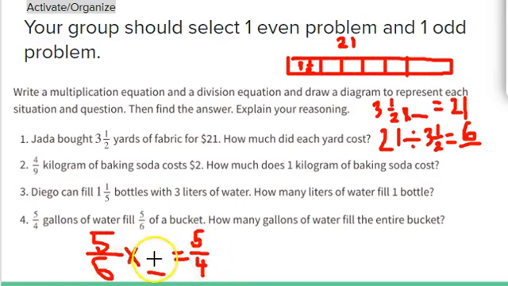Okay, so if we want to find out this, we're going to take that 5/4 gallon and we're going to divide it by 5/6 of the bucket. And that'll give us how much that bucket is capable of holding, which is what?